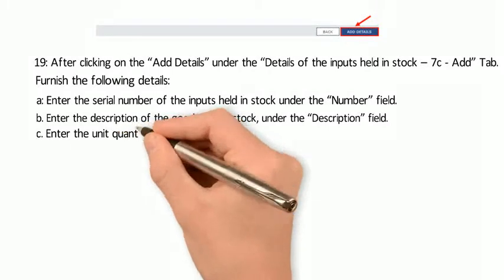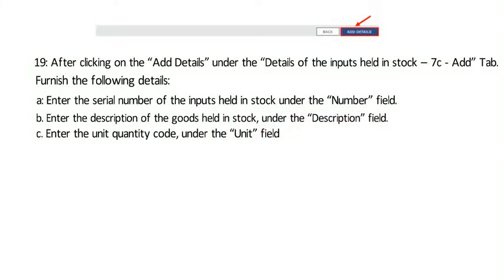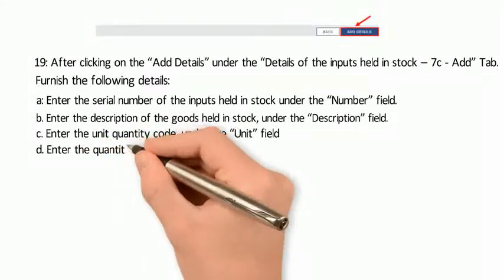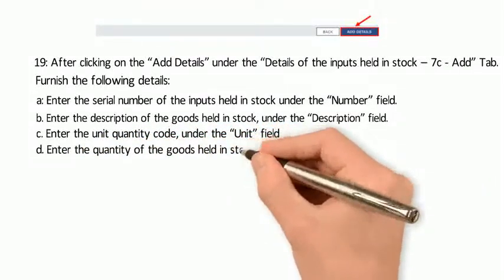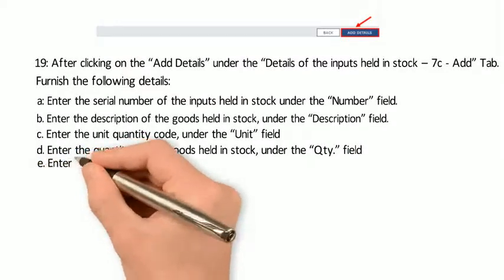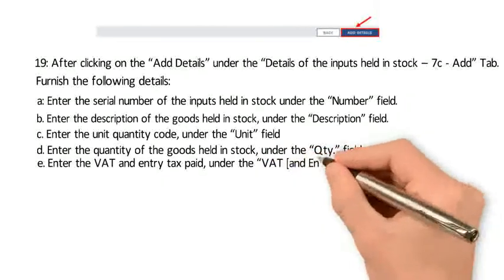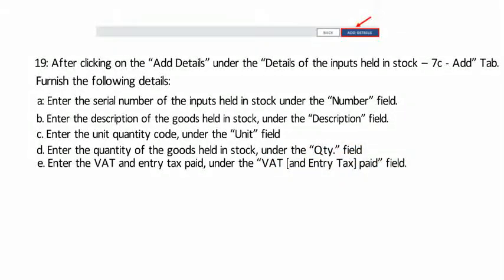C. Enter the unit quantity code under the unit field. D. Enter the quantity of the goods held in stock under the quantity field. E. Enter the VAT and Entry Tax Paid under the VAT and Entry Tax Paid field.